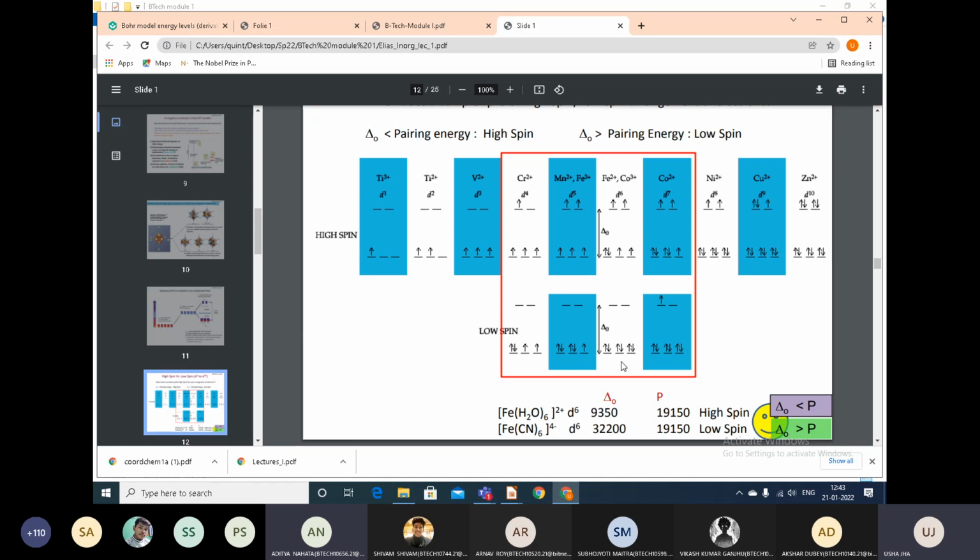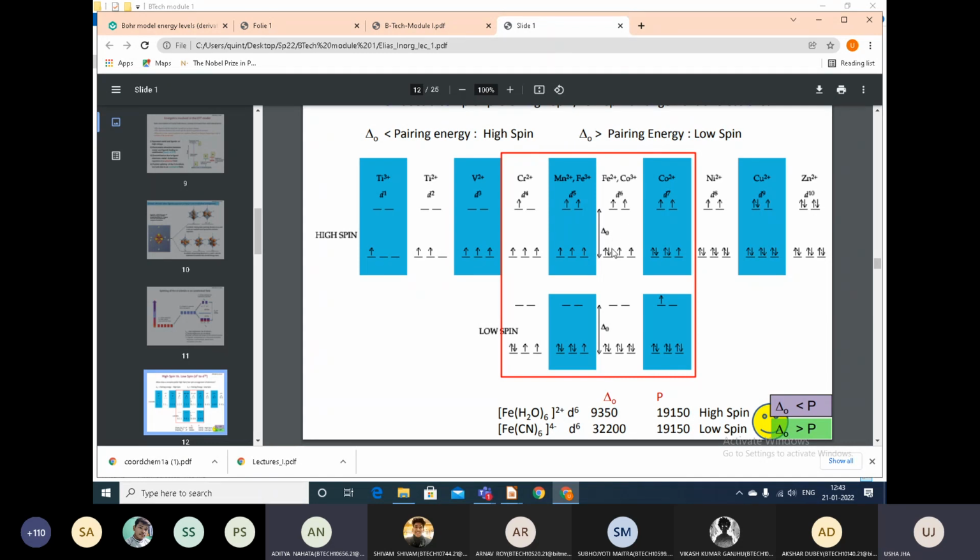In this, the same thing happens. So this complex becomes diamagnetic in nature because all of them are paired up, unlike this, in which it has 4 unpaired electrons. So depending upon the ligand, the ion's oxidation state is the same in both. Here you have iron plus 2, cobalt plus 3.